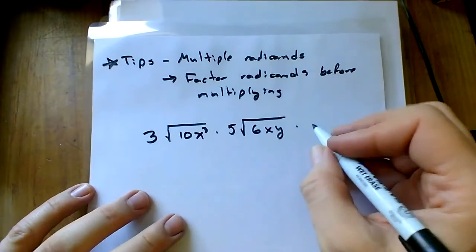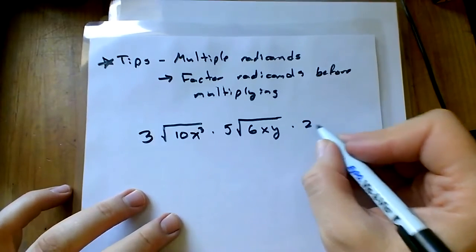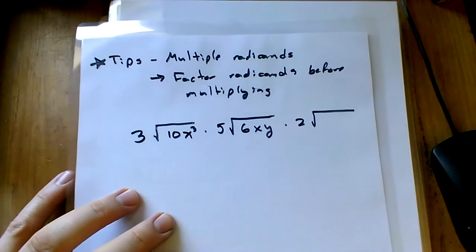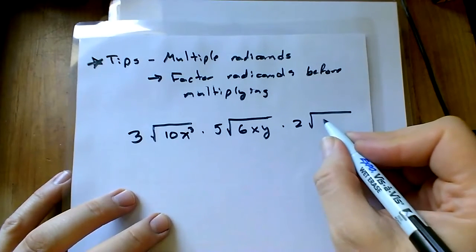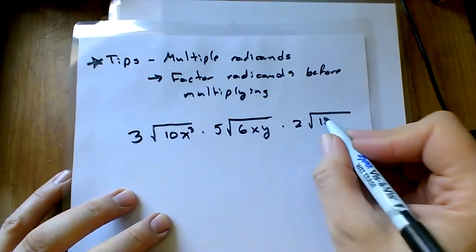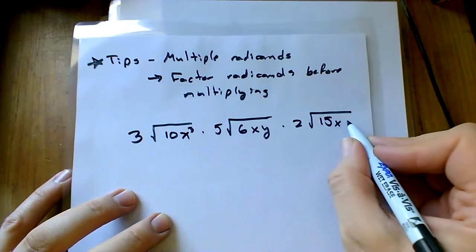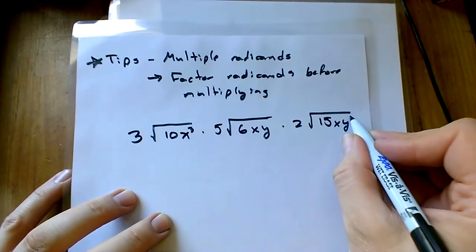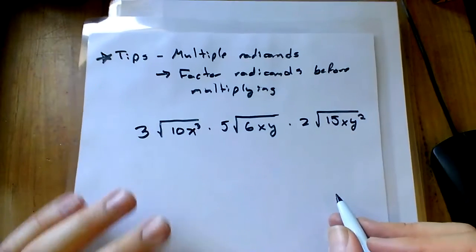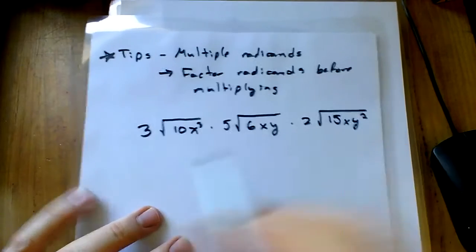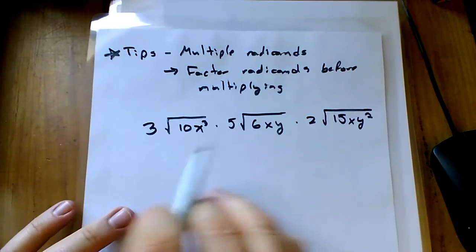And then I'll multiply this by 2 square roots of 15xy squared. Oh my gosh, look at all of this. This is a little bit of a mess.